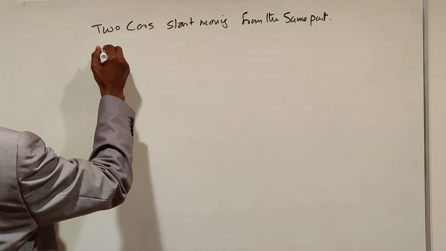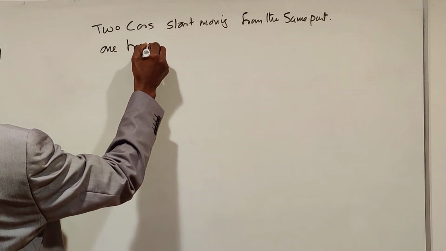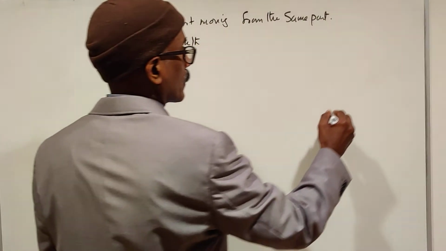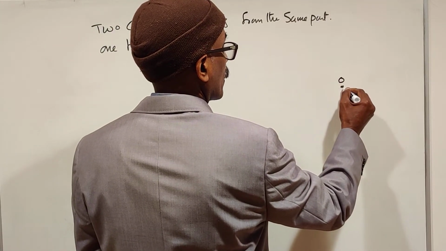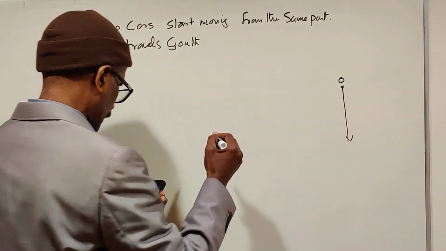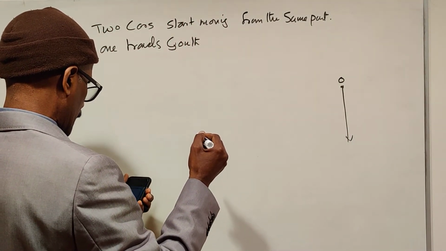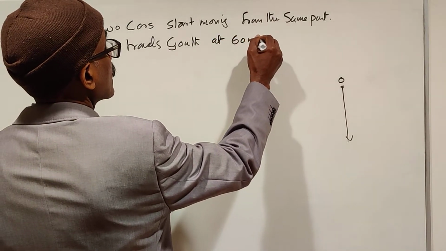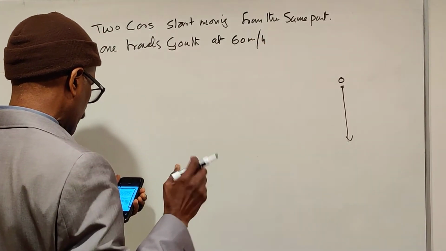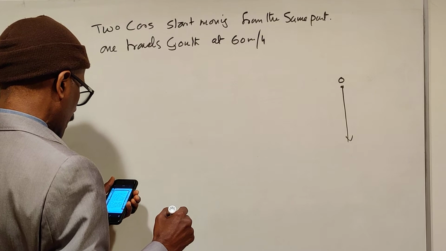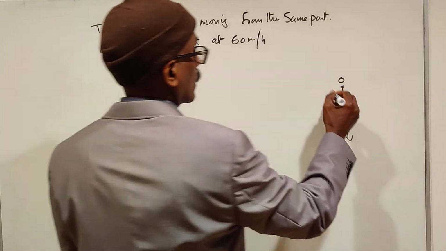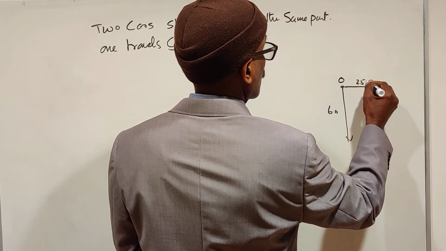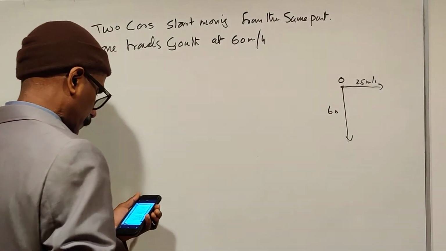One travels south at a speed of 60 miles per hour, and the other travels 25 miles per hour to the west.